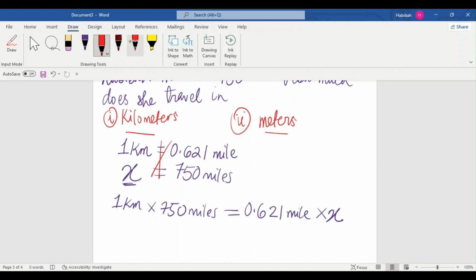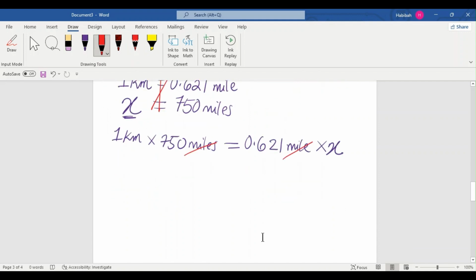Of course we have mile on the left side and mile on the right side, so we can simply cancel out that unit. Rewriting it so it's clearer, we have 1 kilometer times 750 equals 0.621 times x. Of course we're trying to solve for x, the unknown.